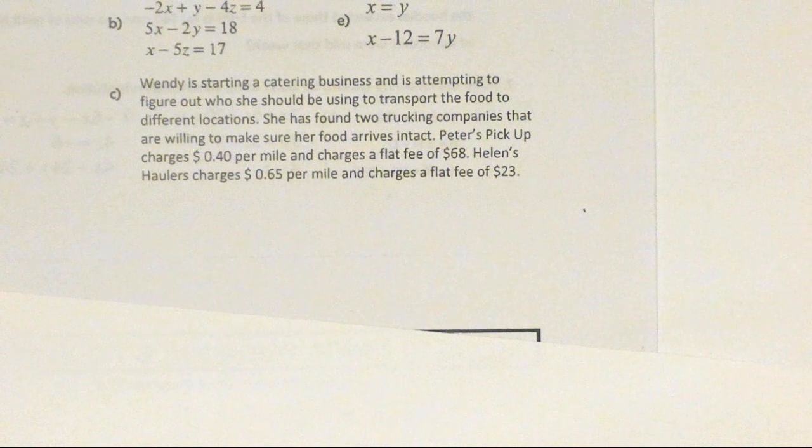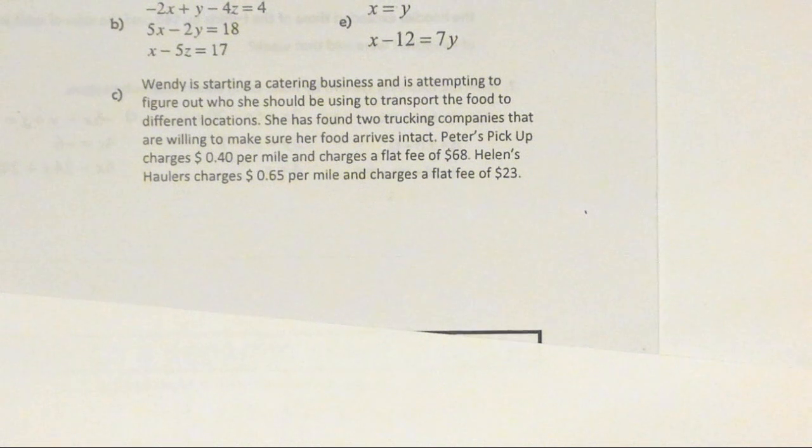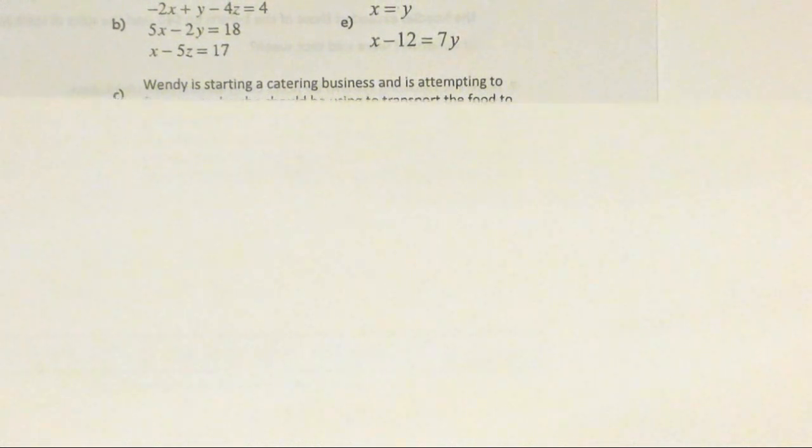Alright, so Peter's pickup charges 40 cents per mile and charges a flat fee of $68. Helen's haulers charges 65 cents per mile and charges a flat fee of $23. So let's go ahead and compare the two.